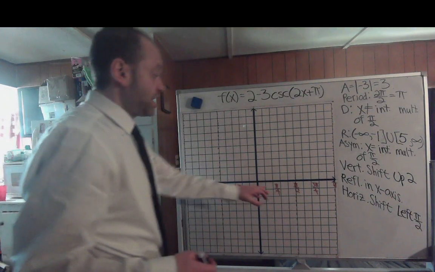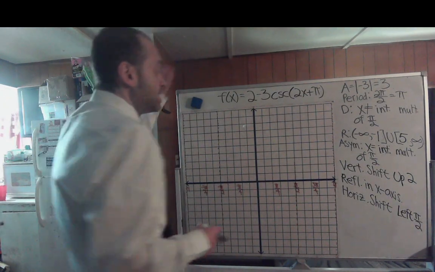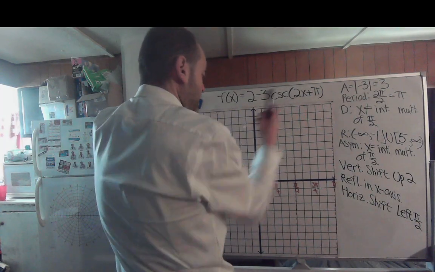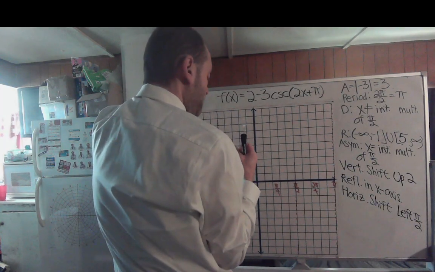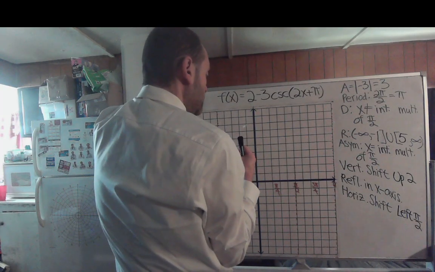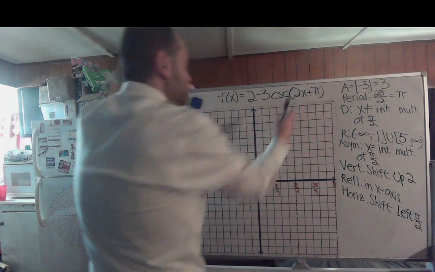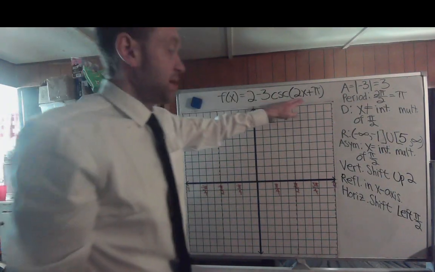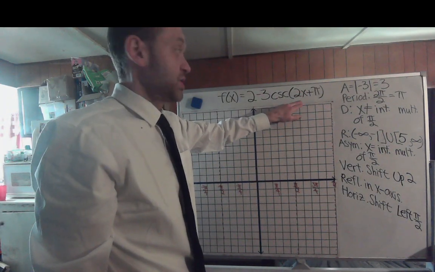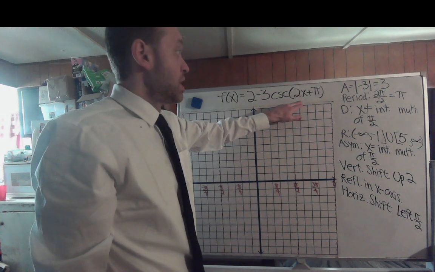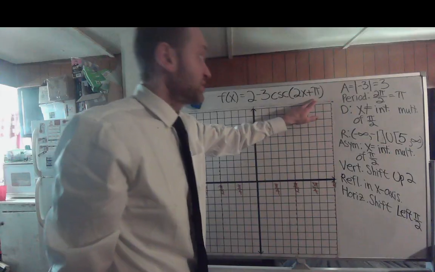So let's start with pi over 4. If x is pi over 4, you're going to end up having 2 times pi over 4 is pi over 2, plus pi is 3 pi over 2.